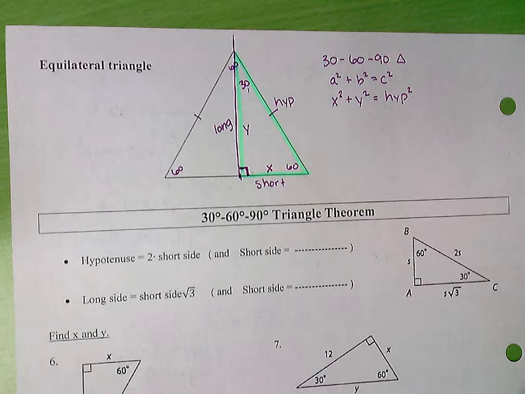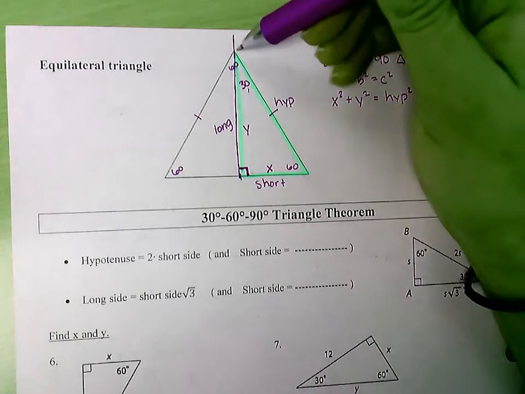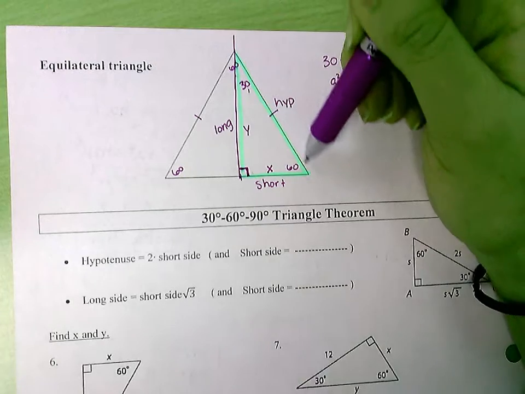Now, before I continue, because there's not really much I can do right now in that equation, looking back at the entire equilateral triangle, not just the highlighted one, what did we know about all of the sides? They're equal. So, I have my hypotenuse right here.